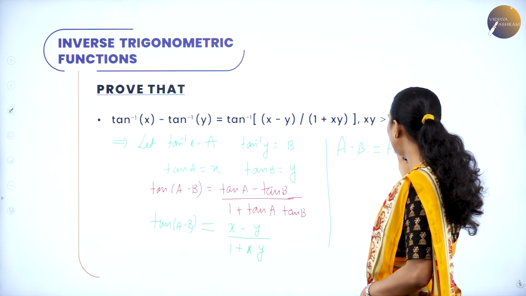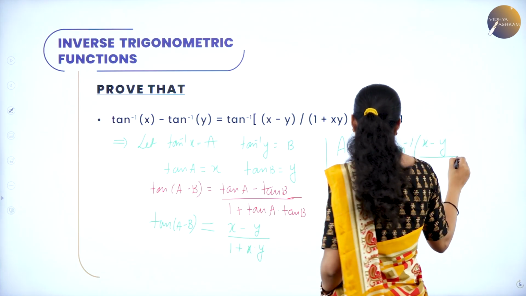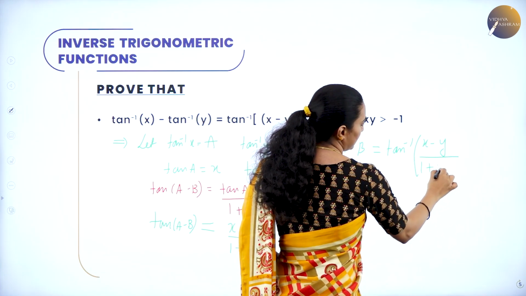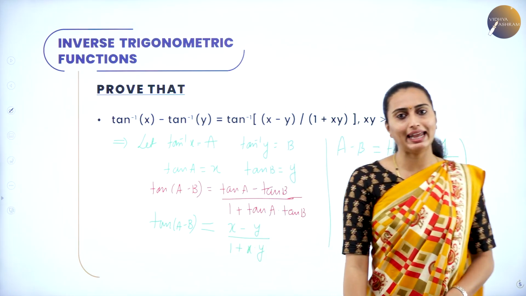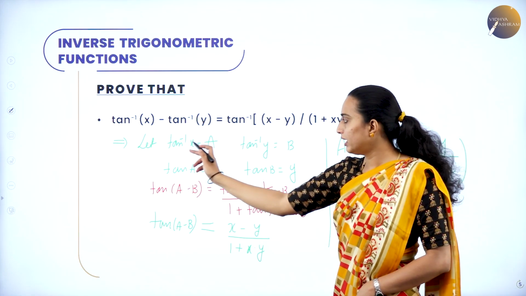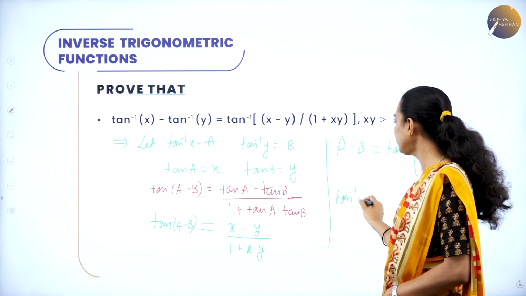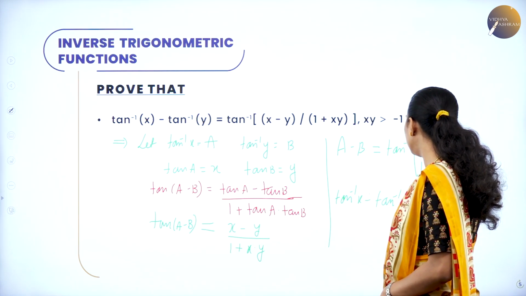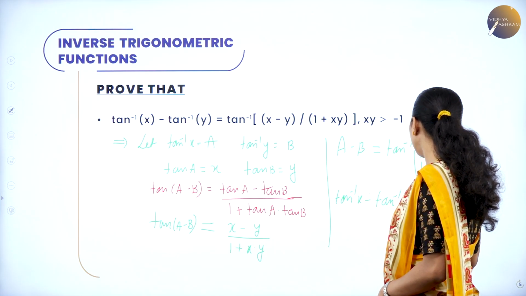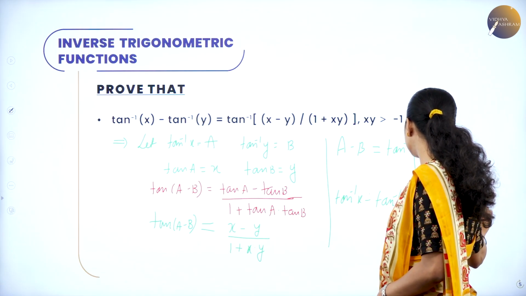Tan inverse of x minus y divided by 1 plus x into y. That's it. Now substitute for what? A and b. A is nothing but tan inverse x. So therefore, tan inverse x minus tan inverse y will be equal to tan inverse of x minus y divided by 1 plus x into y.